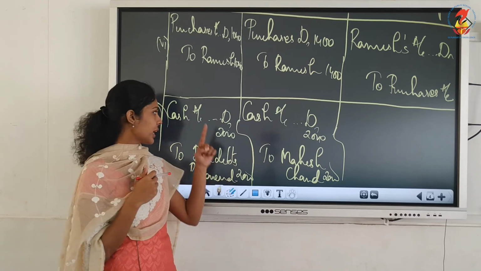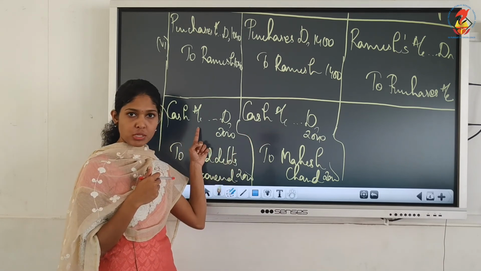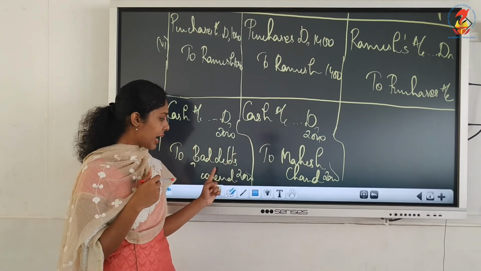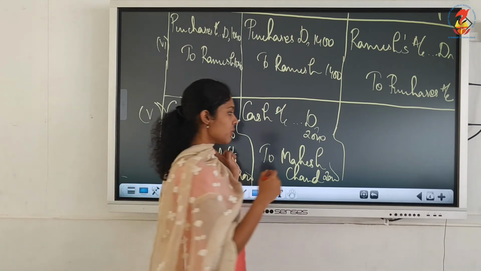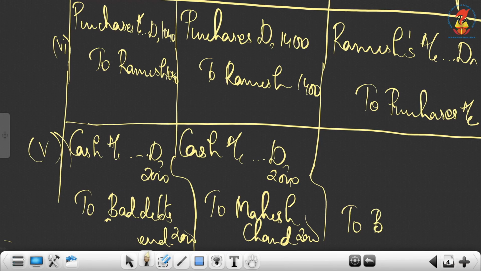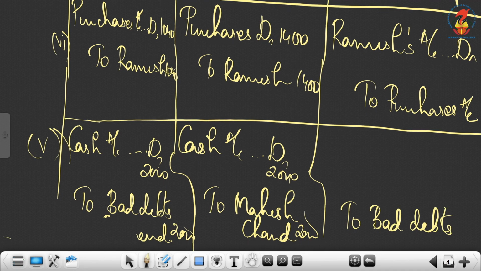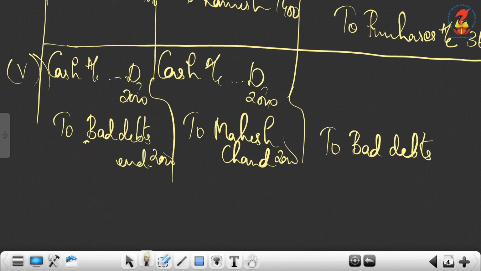How will you rectify? There is no mistake with respect to cash account. Bad debts recovered we had to credit, which we haven't done. So we will do it now. So credit bad debts recovered 2000.